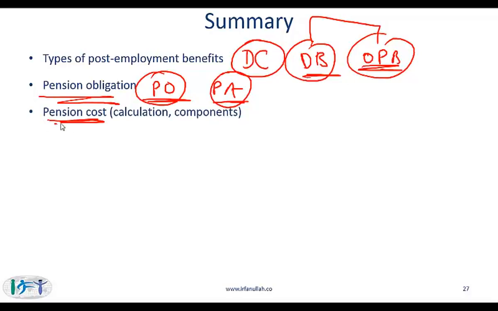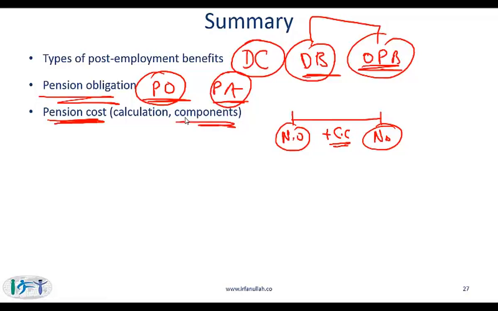You need to know how to calculate the pension cost, and we talked about a very simple relationship where we look at the net obligation at the start of the period, the net obligation at the end of the period, and then adjust based on the company contributions. Also, you need to recognize the different components. Under IFRS, we had three components: the service cost, then the interest expense or income, and then the other remeasurements.